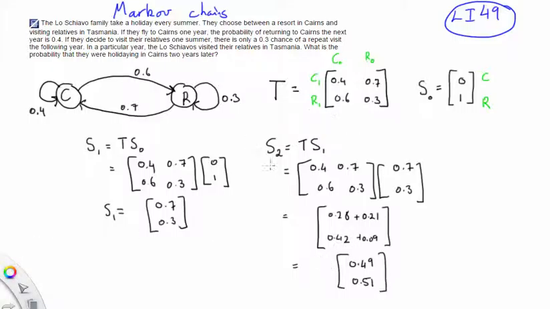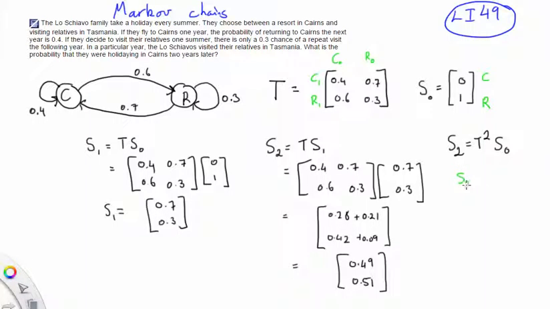So another equation you could use to work this out is that S2 is T squared S naught. You can see where that comes from, right? I'll just do the working here.